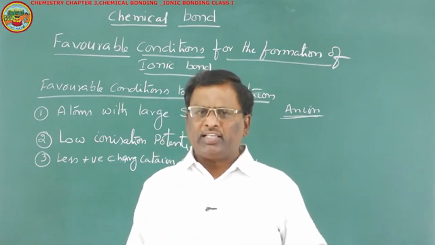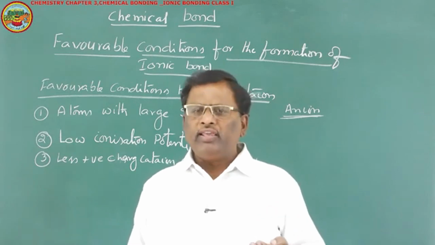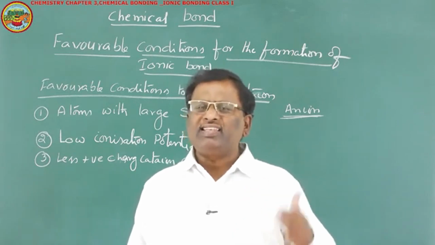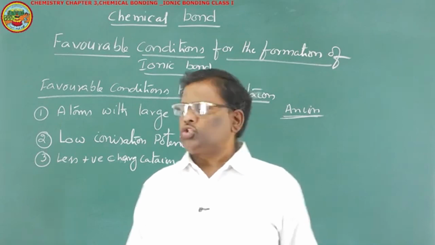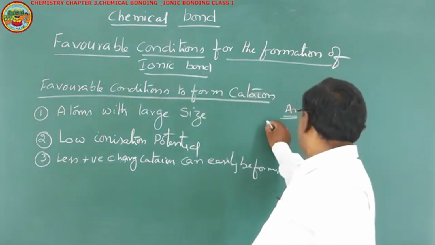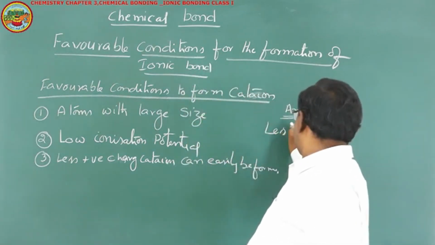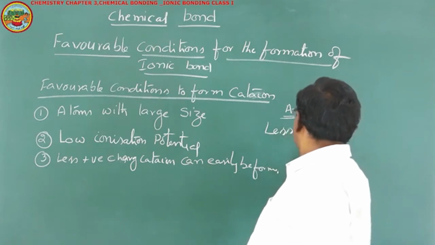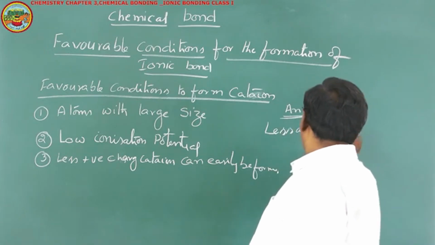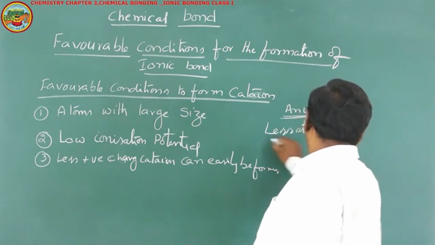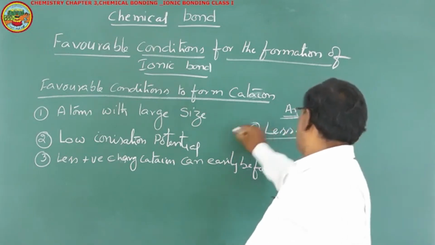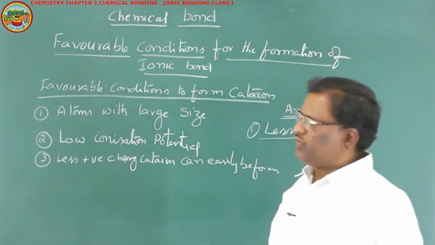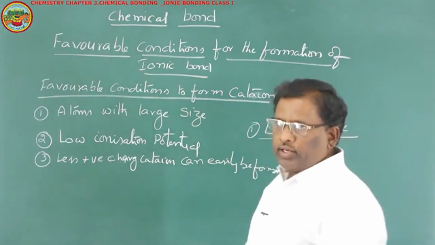Any atom can accept an electron only when its atomic size is small. So small atomic size is a favorable condition for the formation of an anion.